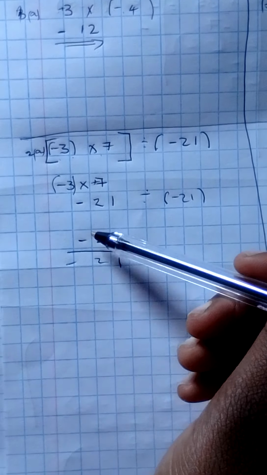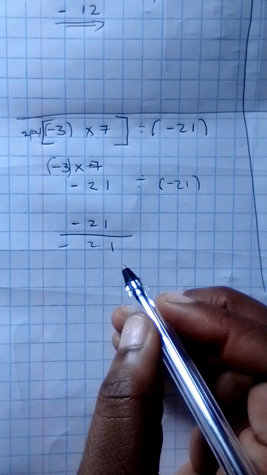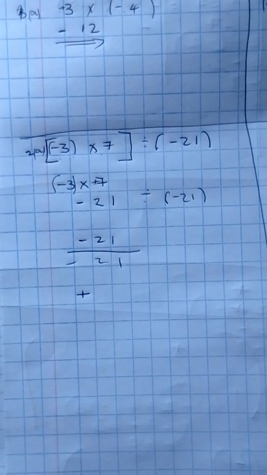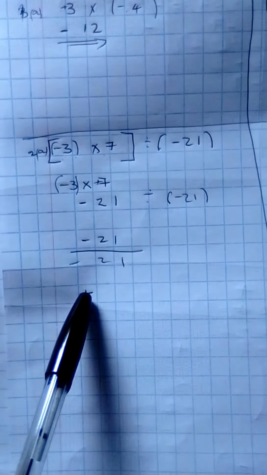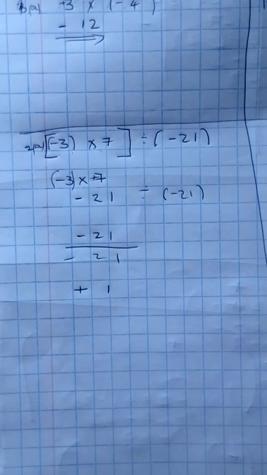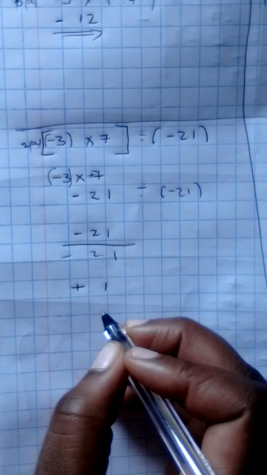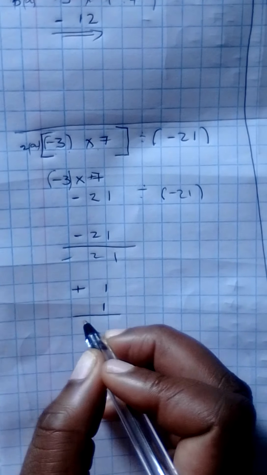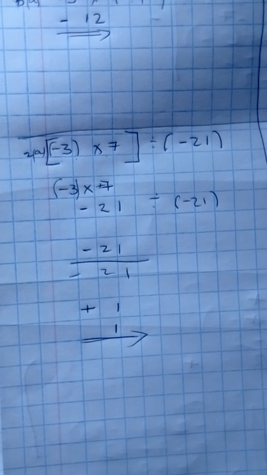The first one has a negative sign, and the second one has a negative sign. So our answer will use a positive sign, like our concept says. 21 into 21 is 1. So our answer is plus 1. We can't write plus 1. We can write 1 because there is a silent plus here. Okay. So 1 is our final answer.